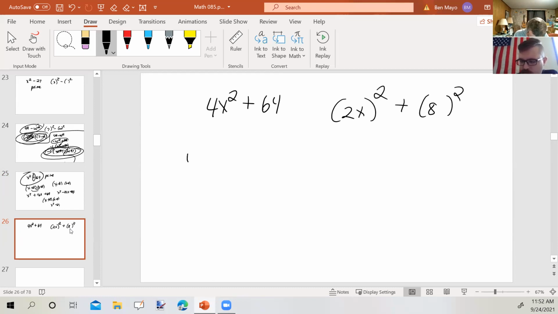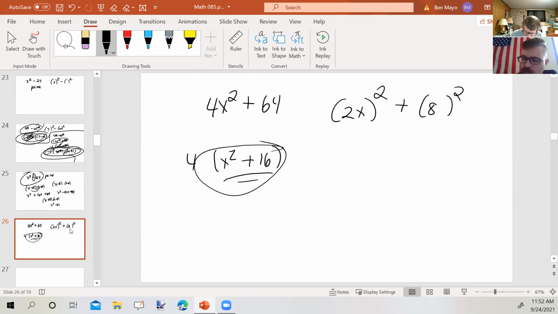I can take out the greatest common factor. Now, what's left here doesn't factor any further, but I did factor it. So let me say it this way. Once you have removed any greatest common factor, if what you have left is the sum of two squares, then that does not factor any further.